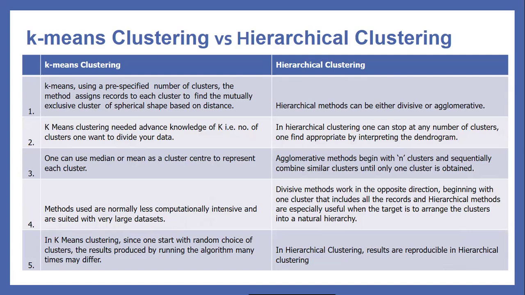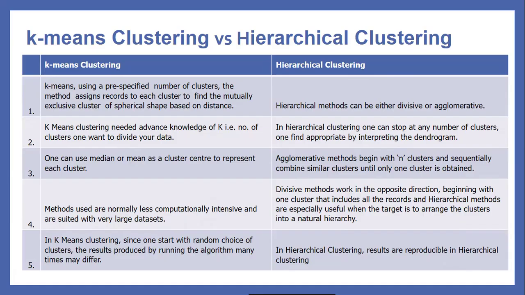K-means methods are normally less computationally intensive and are suited to very large datasets. The hierarchical divisive method works in the opposite direction, beginning with one cluster that includes all the records, and hierarchical methods are especially useful when the target is to arrange the clusters into a natural hierarchy.